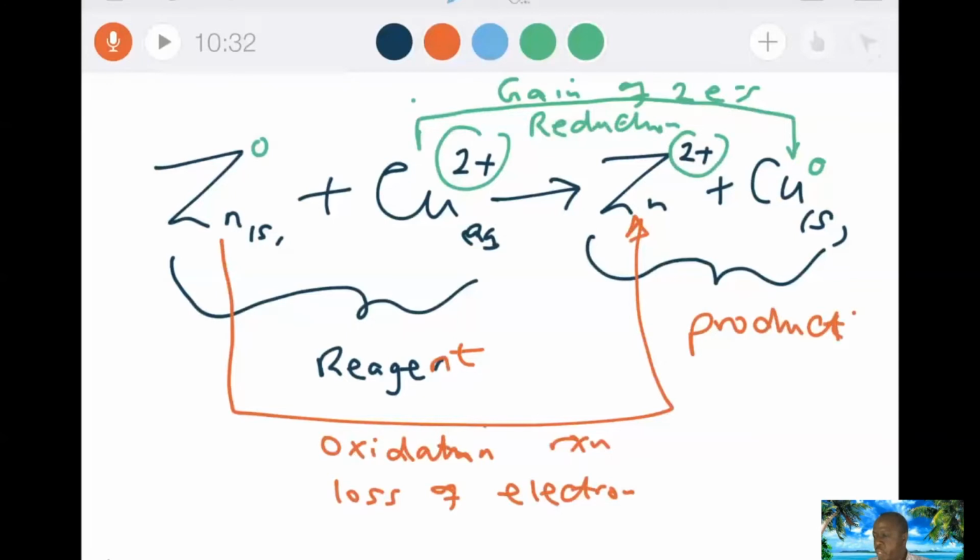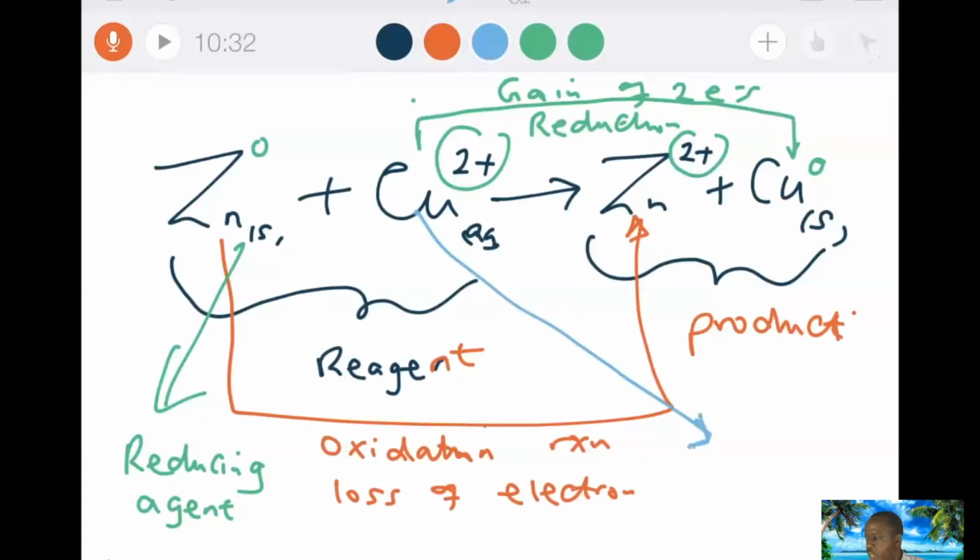There are terms which you need also to commit to your memory. Reducing agent: the one adding or donating electrons is referred to as the reducing agent. The one making the other species lose electrons is called the oxidizing agent.